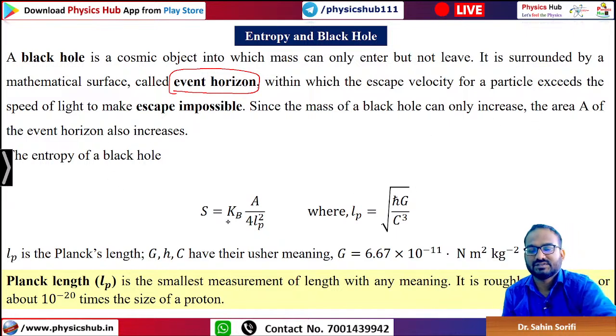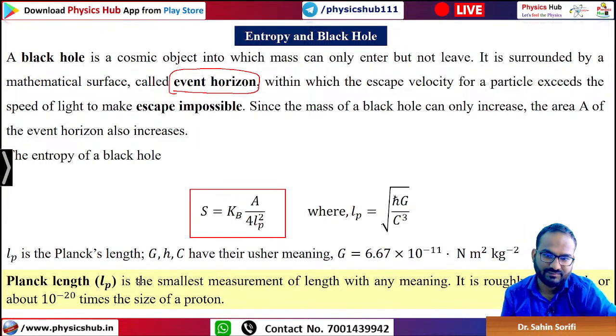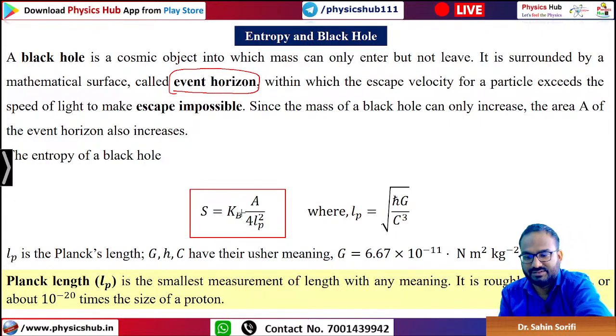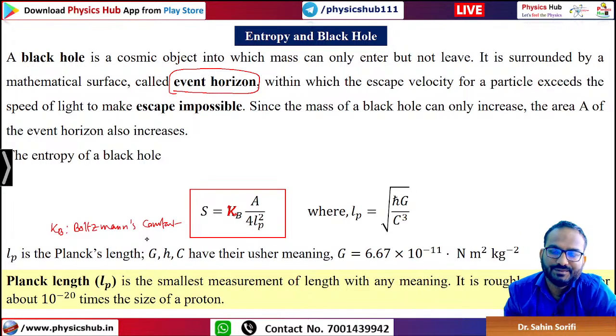Entropy of the black hole is given by this formula: S is equal to kB times A by 4 Lp squared. Actually, this should be a small k, the Boltzmann constant, 1.38 times 10 to the minus 23 joule per Kelvin.